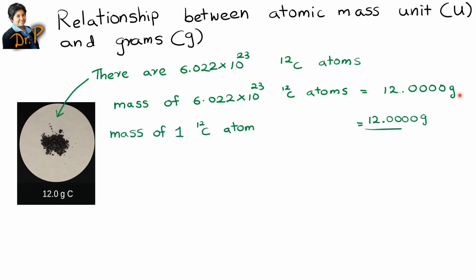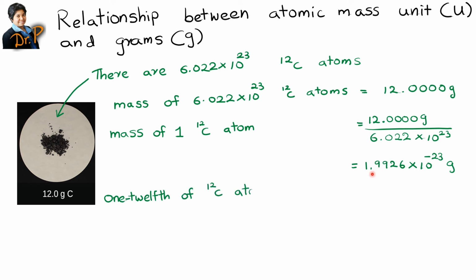So we can easily find the mass of one carbon atom. How do we do that? We simply divide these 12 grams by the Avogadro number, which gives us the mass of one carbon atom. What you see here is the mass of one carbon atom. Now our definition for atomic mass unit is not one carbon atom, it's 1/12 of the carbon atom.